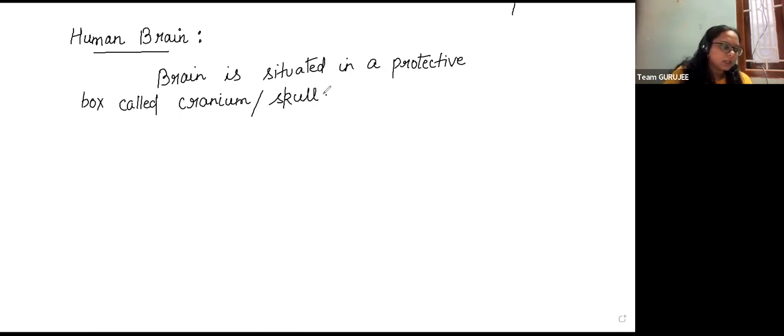Now when you see this cranium or the skull, it is actually made up of three parts. You might have learned this in your previous classes.